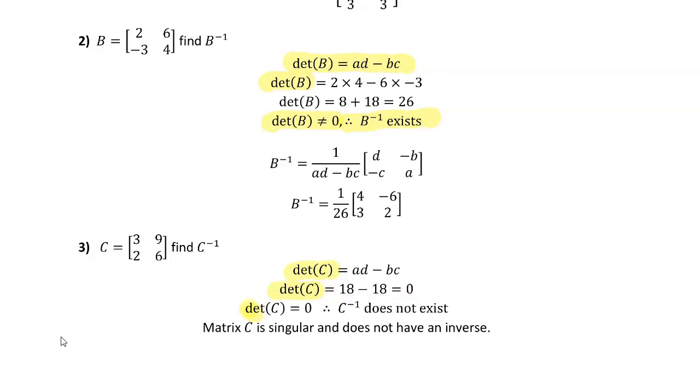So that means our determinant of C is equal to 0, therefore we can't find an inverse. So what we then say is that matrix C is singular and does not have an inverse. Okay, but basically what I need you to know at this point is that if that determinant is 0, we can't find an inverse. If it's anything other than 0, we can find an inverse.